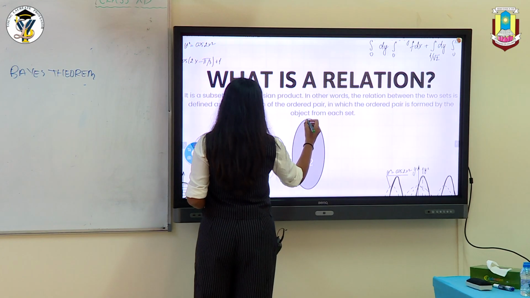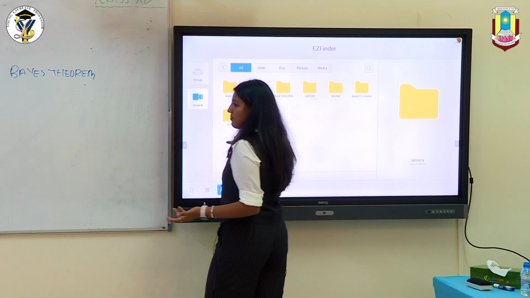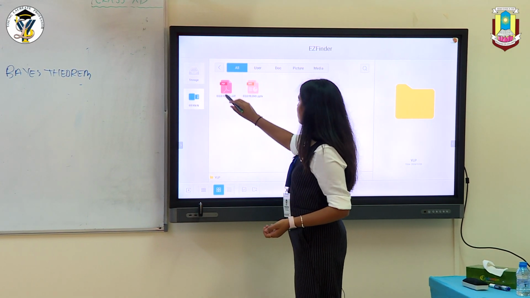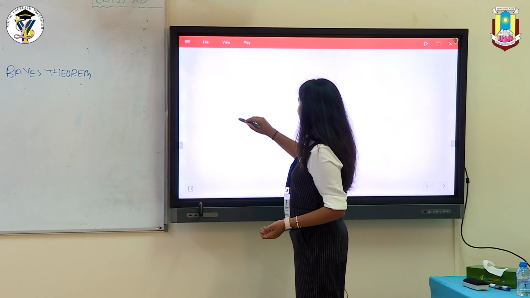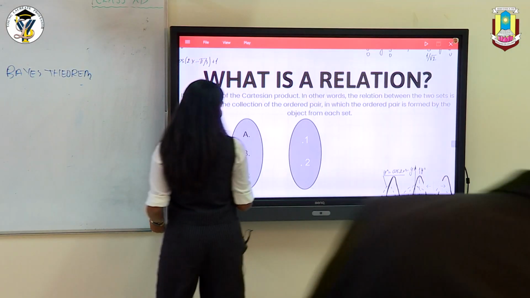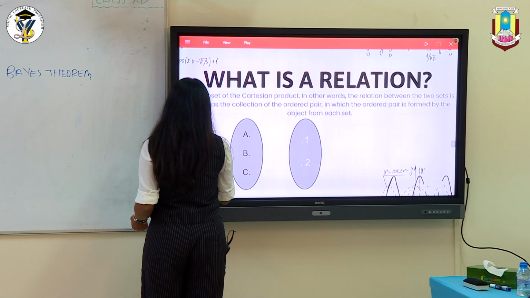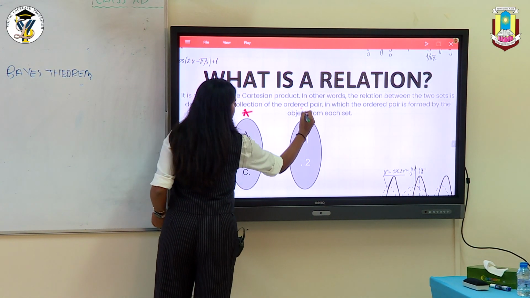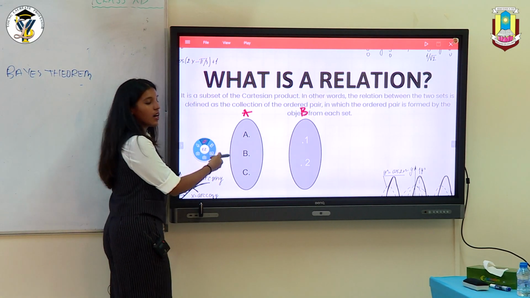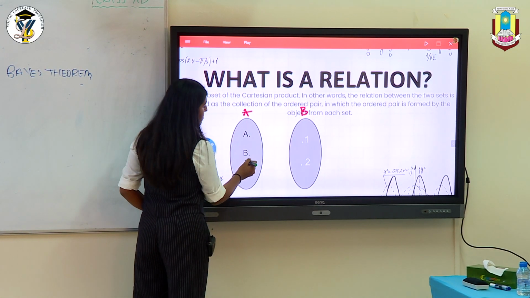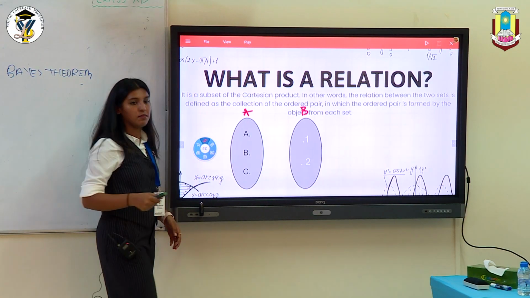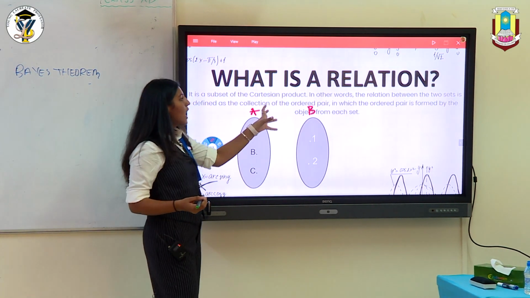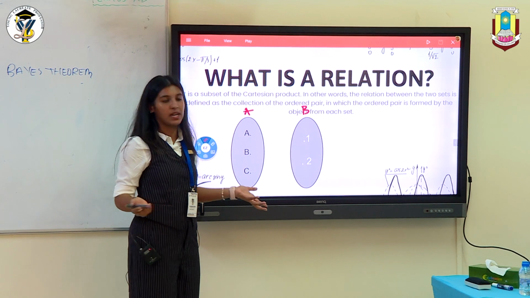Set A and set B. These are the elements of set A, A, B and C, and these are the elements of set B. From the word Cartesian product, you understand it's basically multiplication.